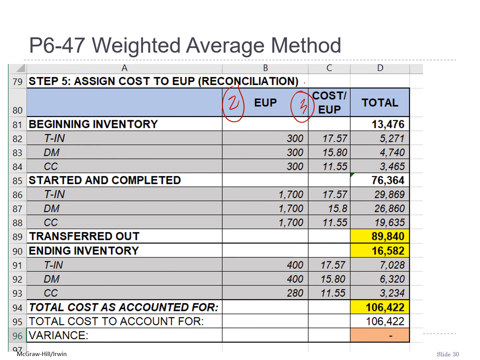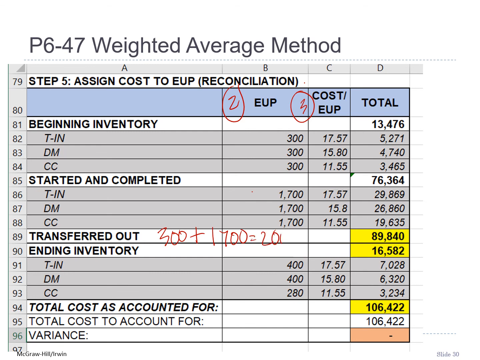So you can compute in this way, or pwede na lang natin pagsamahin yung EUP ng beginning inventory, started and completed. So as you can see, the EUP do sa beginning inventory is 300 plus yung EUP for started and completed, which is 1,700.